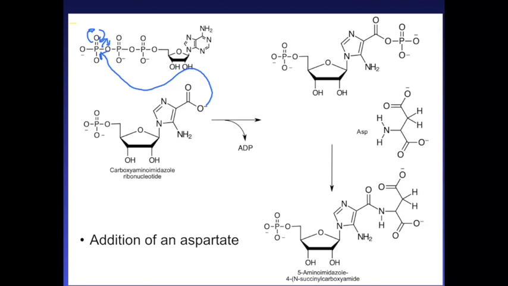Now, I'm going to add aspartate to this. And if you go back to that slide, the aspartate is on the slide and it says it's only going to donate the nitrogen. So we're going to add this entire big molecule on there, and what's eventually going to just be added is 1 nitrogen.